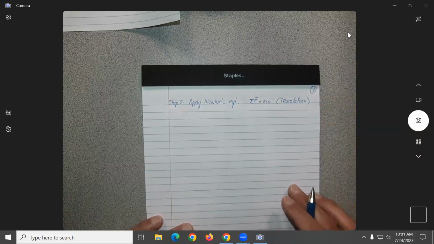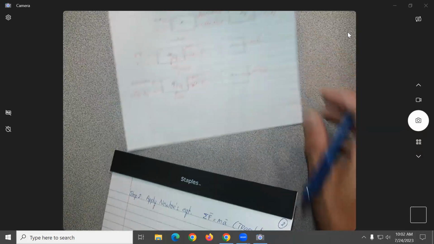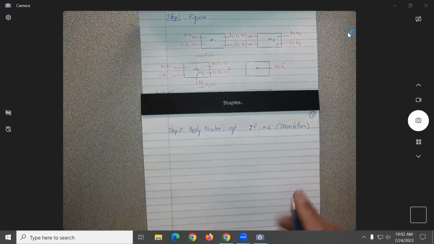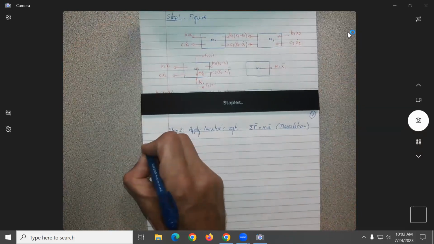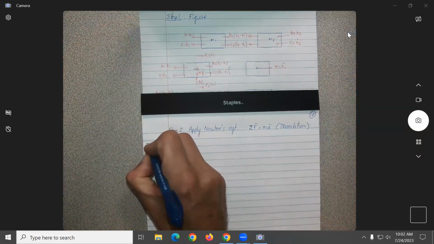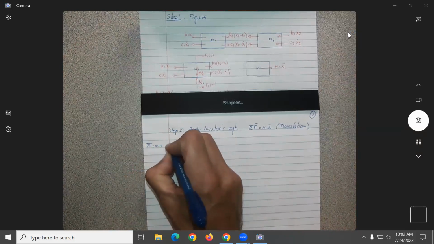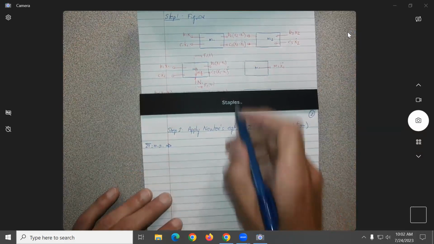All right, so we go from the figure, everything comes from a figure. If I look at figure 1, I first do summation of forces for M1, let's say A1. So this should be equal to what? Let me start from this figure.